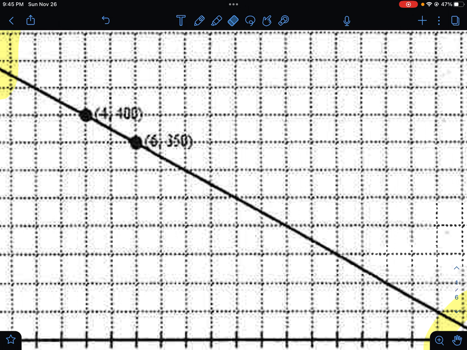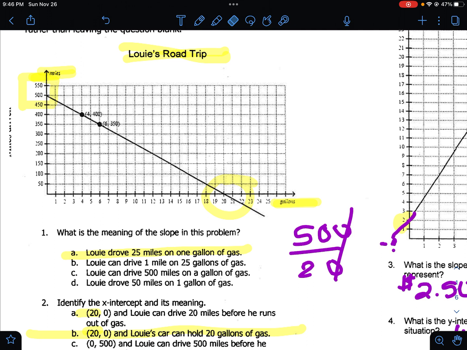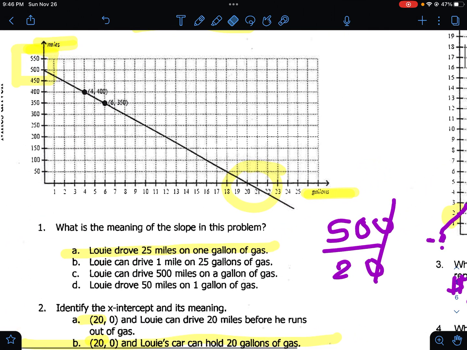I gave you 2 ordered pairs. It went down from 400 to 350, so it went down 50 in 2. Clearly 500 divided by 20 is also the beginning and the ending. Again, 50 divided by 2 gives me 25. So I have 2 of them down here that talk about 25.